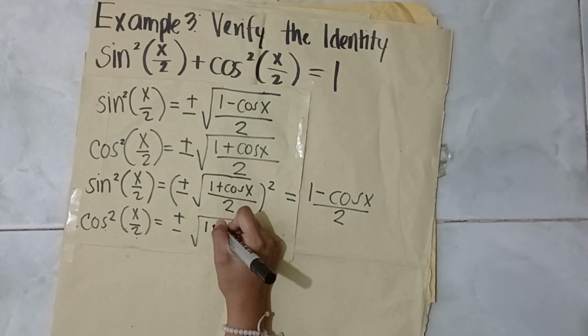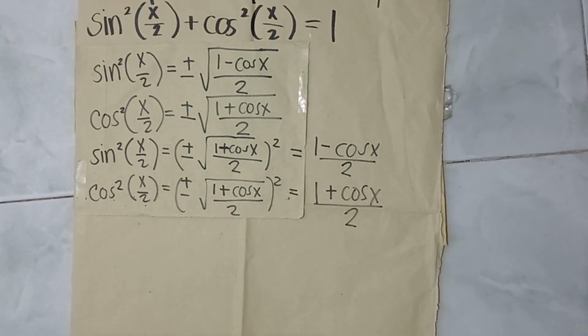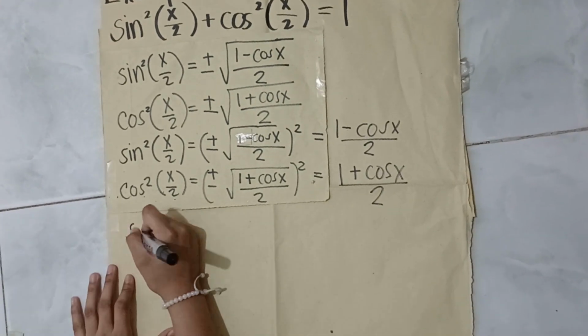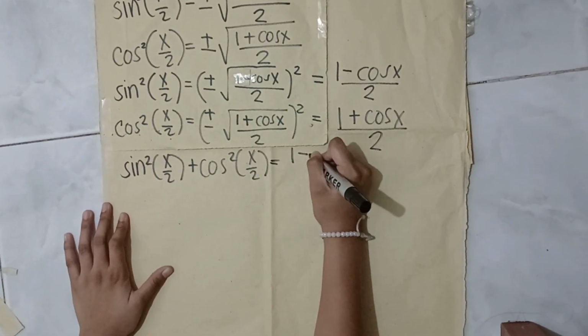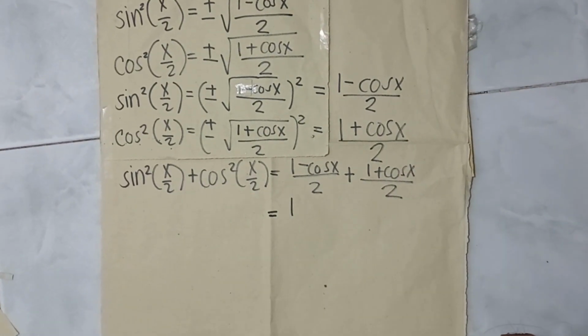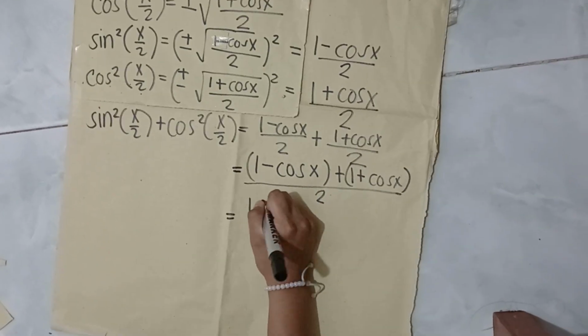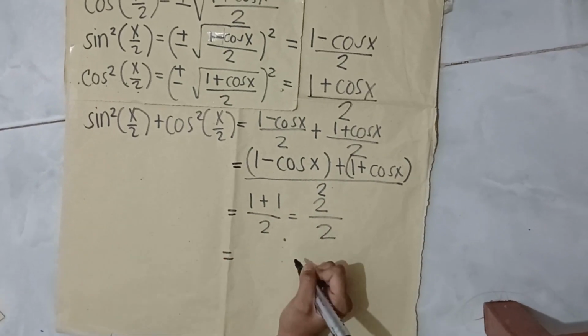After that, we combine and simplify. So therefore, we work with the left side and arrive at the right side, 1. Thus, the identity is verified.